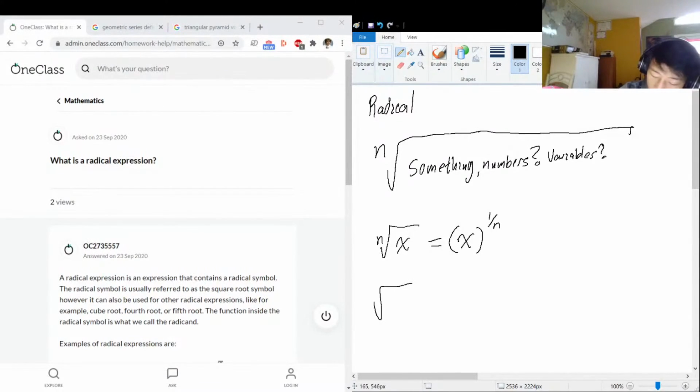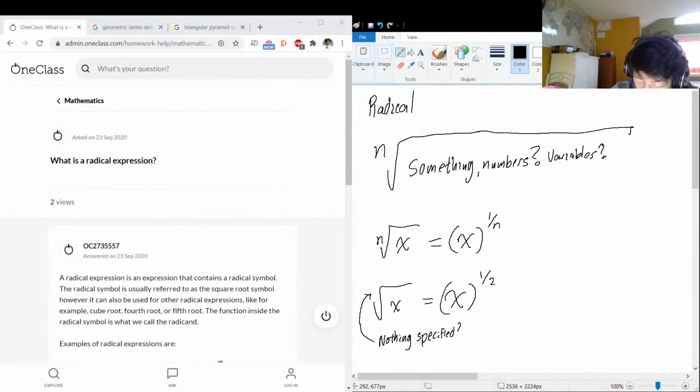If you have just a square root like that, like square root of x, that is equal to x to the power of 1 over 2. Square rooting is so common for radicals that if there's nothing specified, assume 2.